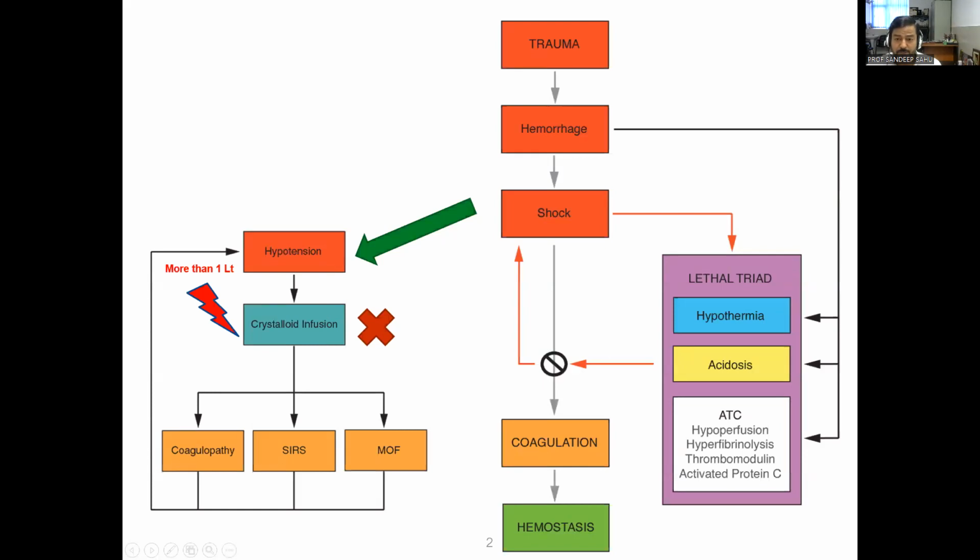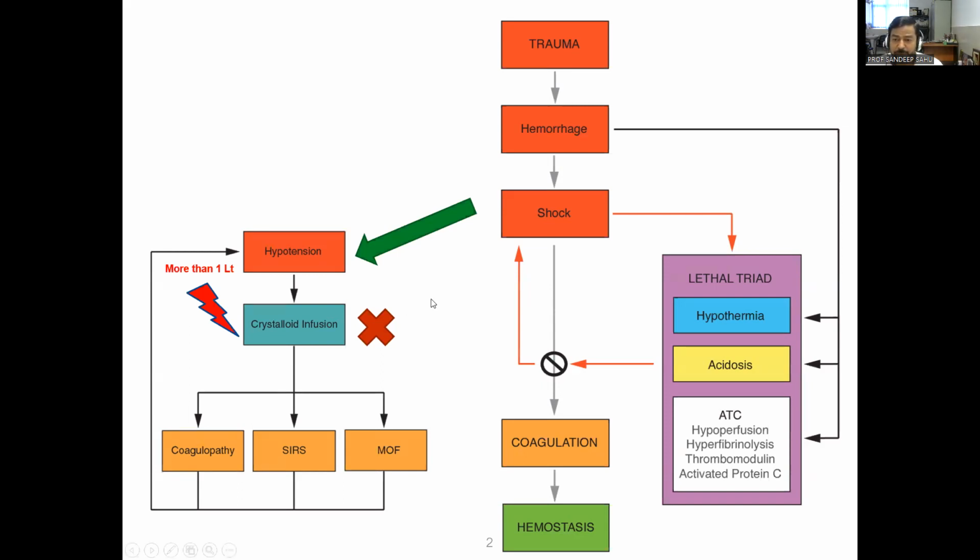In the Western world they don't give more than 1 liter of fluid, because excessive fluid leads to coagulopathy, multiple organ failure and early mortality in these patients.